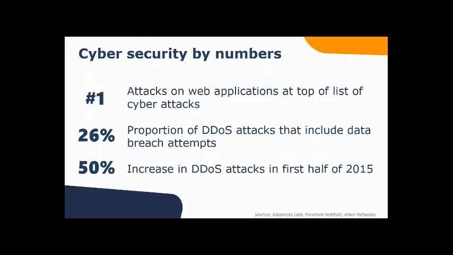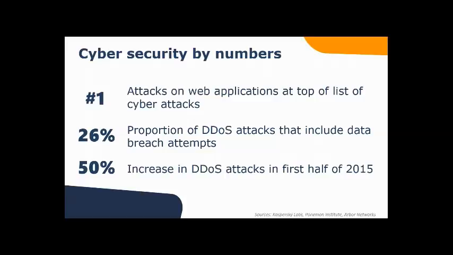Attacks on web applications now constitute the single largest form of cyber attack out there, out of the whole range of information security. Attacks on your websites and web applications, with DDoS and data breach attacks, are now the single biggest source of cyber risk and threat to your business.